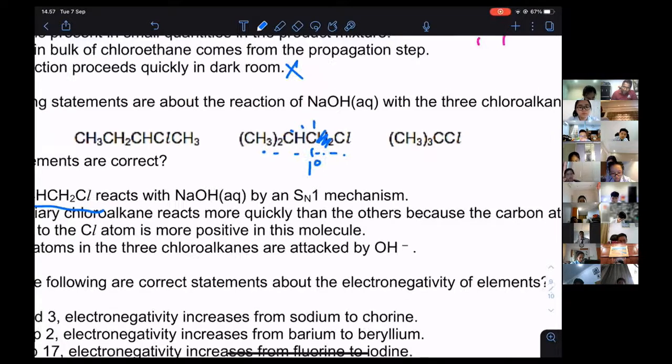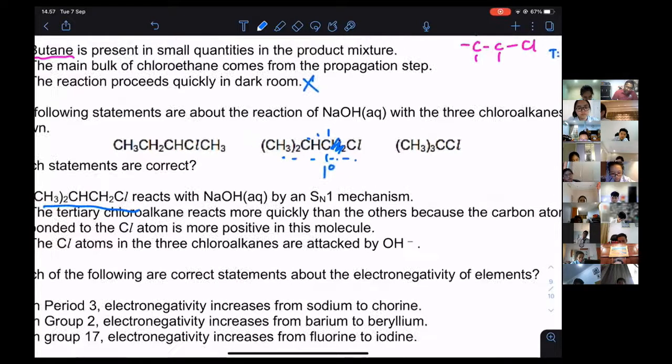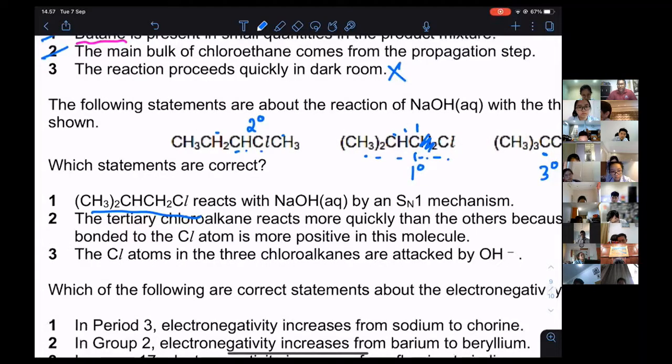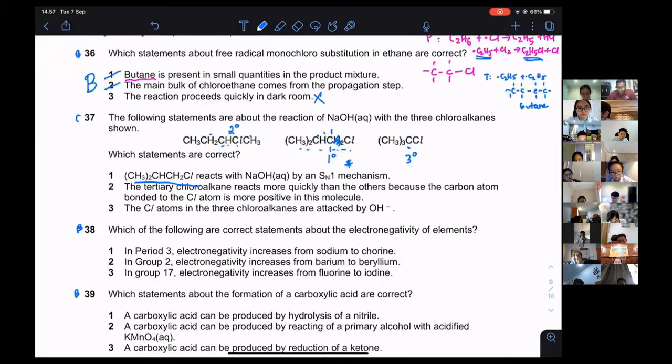If I look over here, this is going to be a tertiary halogenoalkane. CHCl, 2 R groups, this is secondary. You should be able to identify by now. Once I have this, they say that the primary will react with NaOH by SN1 mechanism. Wrong. It must be SN2 mechanism.